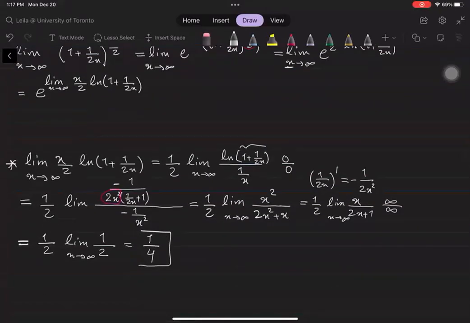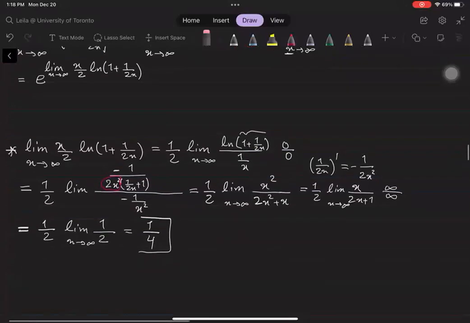And then for this one, the reason you want to use L'Hopital's is that your ln, when you put infinity, is going to give you 0, right? And then instead of saying this is 0 times infinity, I just put it in the denominator to say that's 0 over 0. Right, so that way I can use L'Hopital's rule.